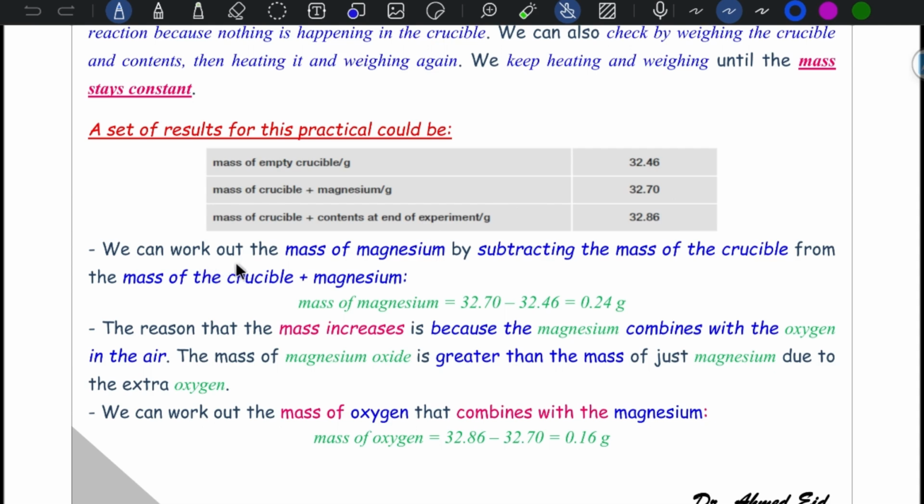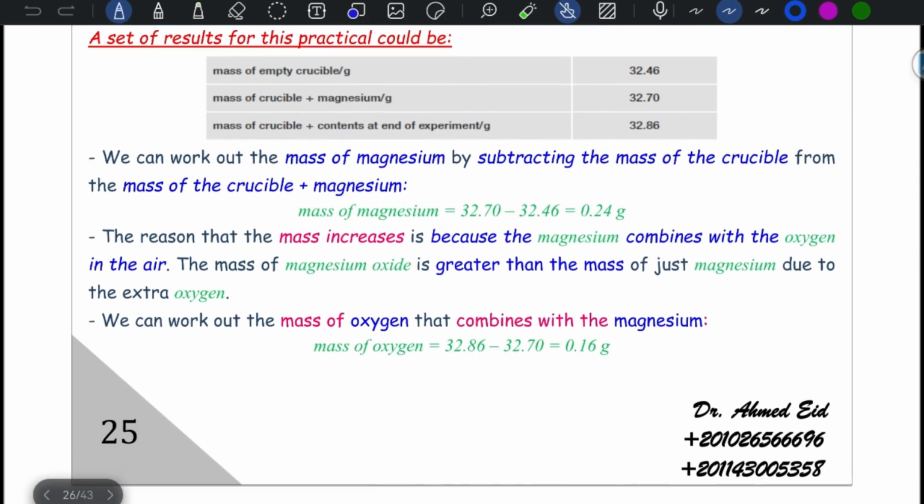We can work out the mass of magnesium by subtracting the mass of the crucible from the mass of crucible plus magnesium. It gives 0.24. The reason that the mass increases is because magnesium combines with oxygen in the air. The mass of magnesium oxide is greater than the mass of just magnesium due to the extra oxygen. We can also work out the mass of oxygen combined with magnesium by subtracting 32.86 minus 32.70. It gives 0.16.